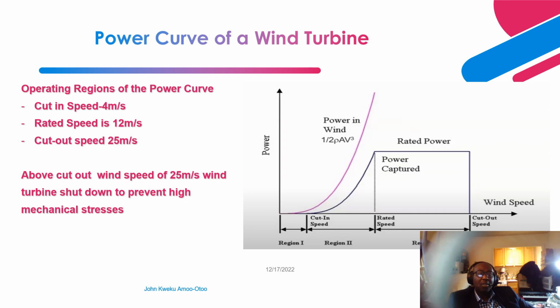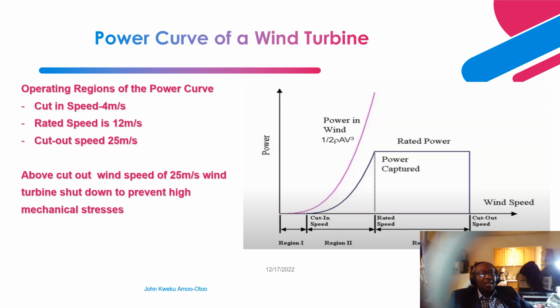As it increases its power based on the cubic value of the wind velocity, it reaches rated speed, and at rated speed it generates the rated power. So for a 14 megawatt wind turbine, at the rated speed it is able to generate 14 megawatts. For a 5 megawatt wind turbine, at the rated speed it generates the rated power of 5 megawatts.